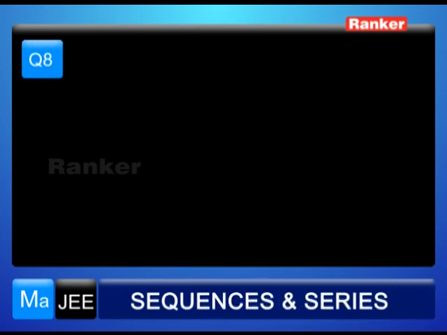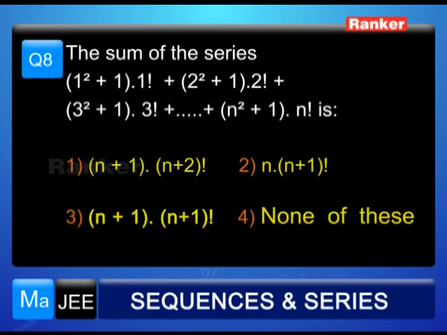Let's look at this problem. The sum of the series 1 square plus 1 into 1 factorial, 2 square plus 1 into 2 factorial, and so on up to n square plus 1 into n factorial is: n plus 1 into n plus 2 factorial, n into n plus 1 factorial, n plus 1 into n plus 1 factorial, and none of these.